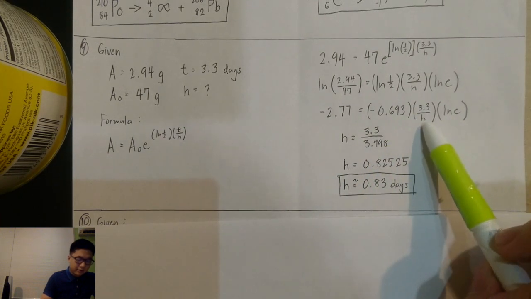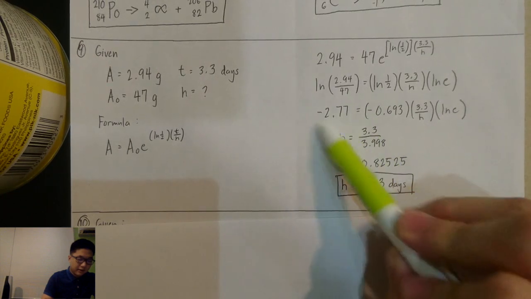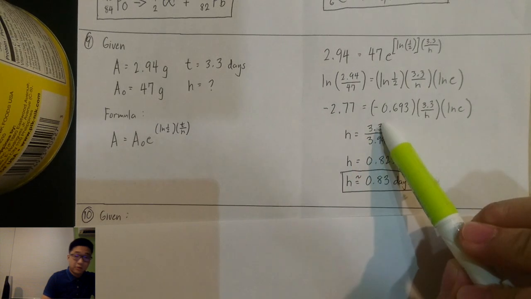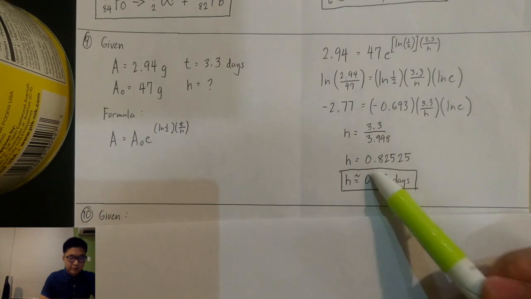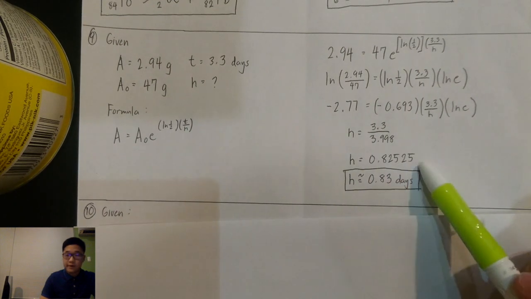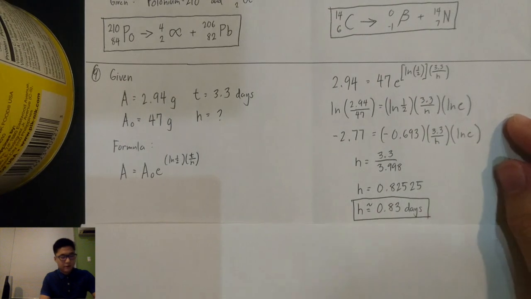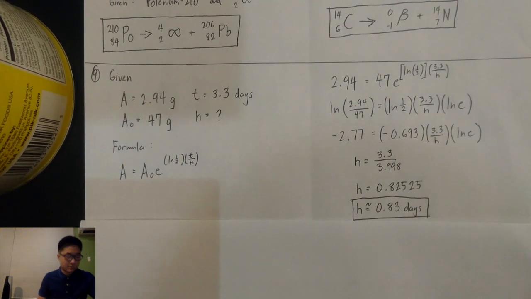Then of course we have to find h, so we put it up here, and 3.998 over here will be divided by here. So h is equal to 3.3 divided by 3.998, which is equal to 0.82525. But remember, we only have to take account for the significant figures.